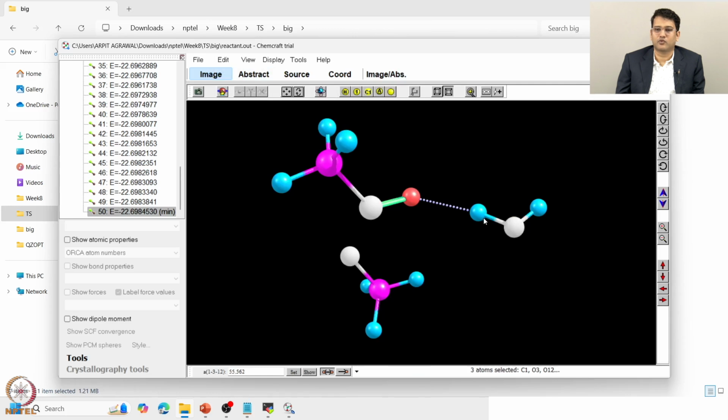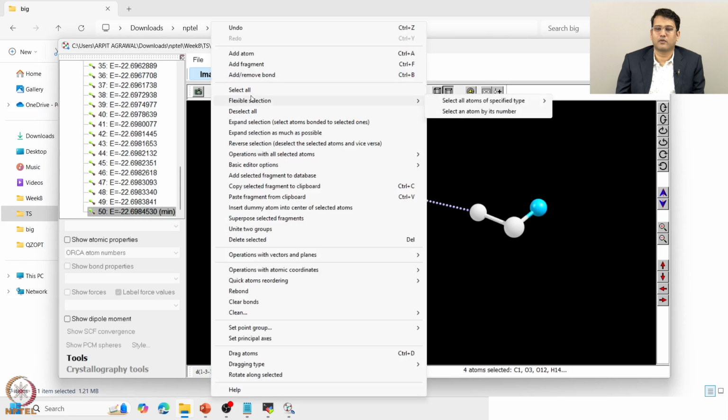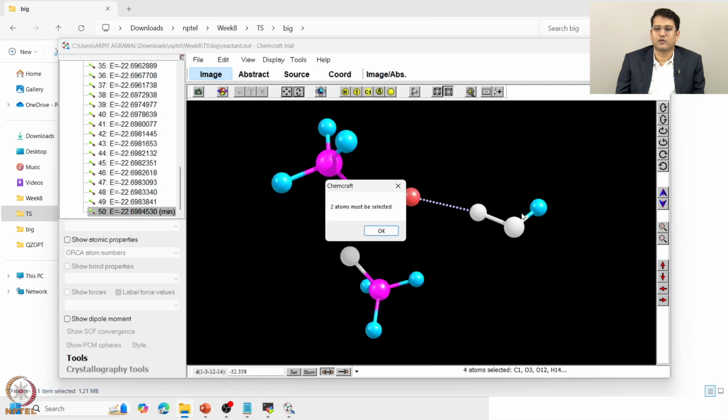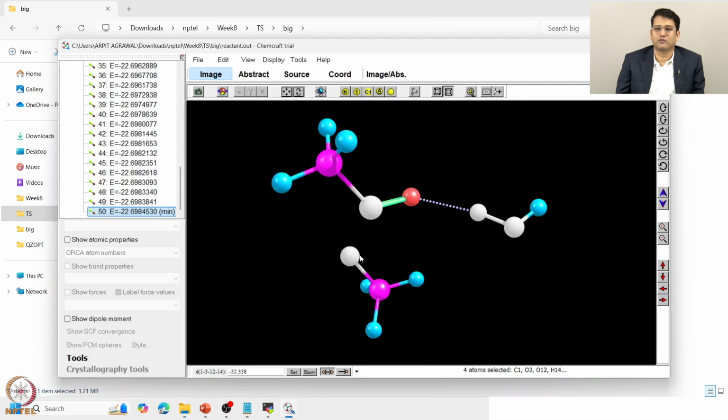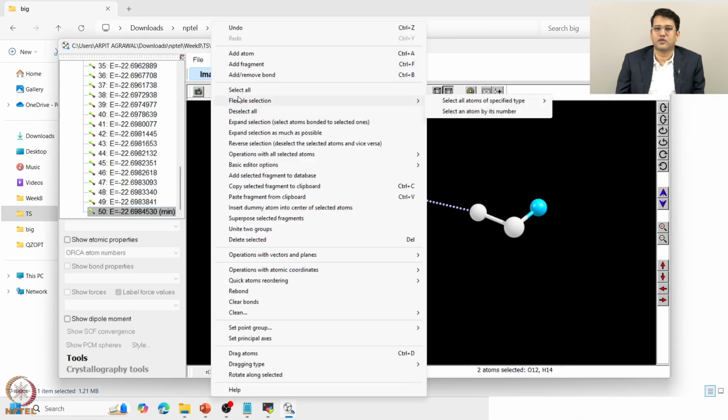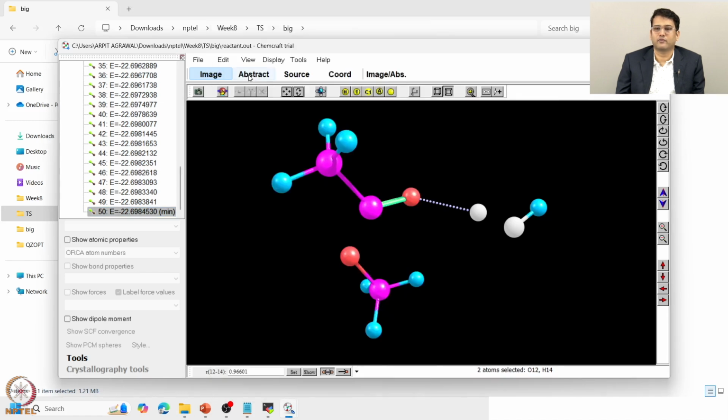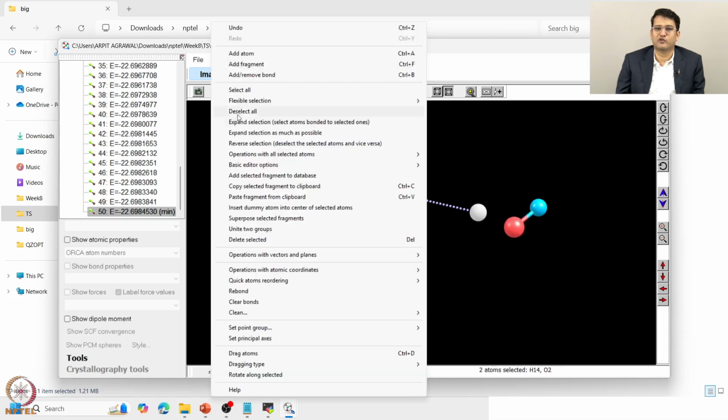Next thing, I should remove the bond between the oxygen and hydrogen, and also I should remove, although this is a hydrogen bond, this hydrogen bond also.